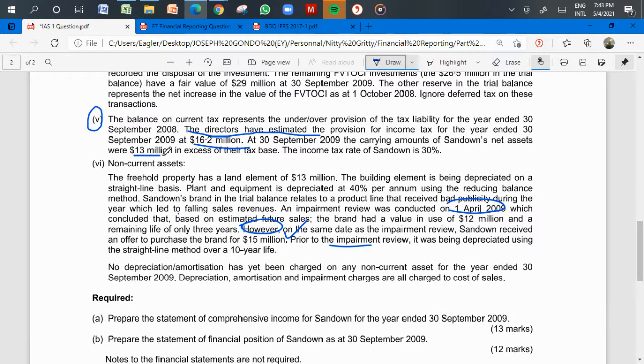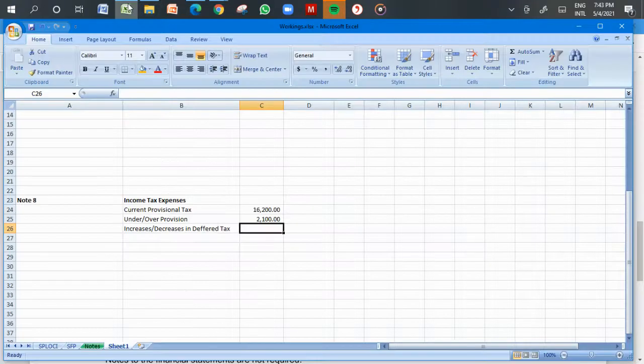How do we calculate our closing deferred tax? We say the 30 million, which is the excess of the carrying amounts over the tax base multiplied by the tax rate. So we say is equal to 5,400. Okay, so 5,400 is our deferred tax BD.